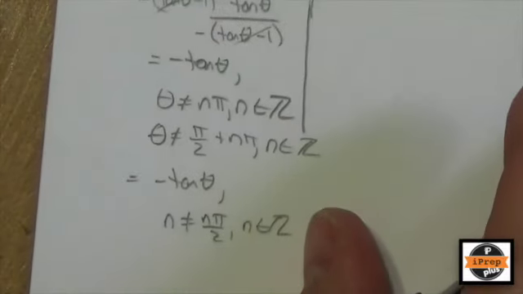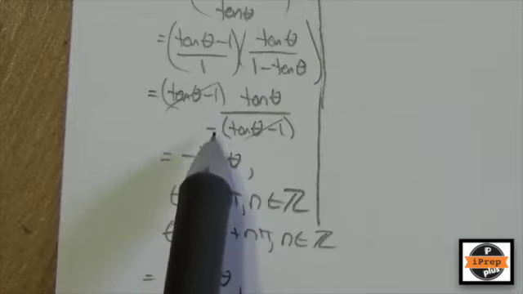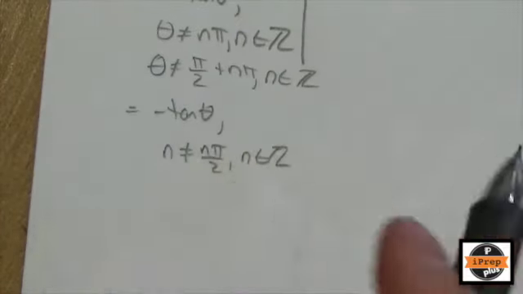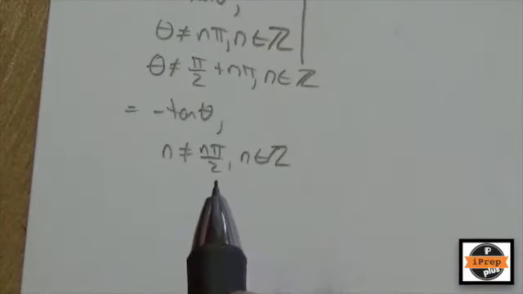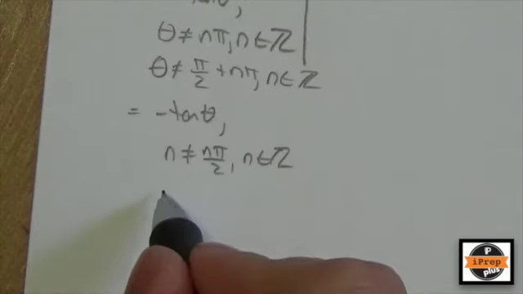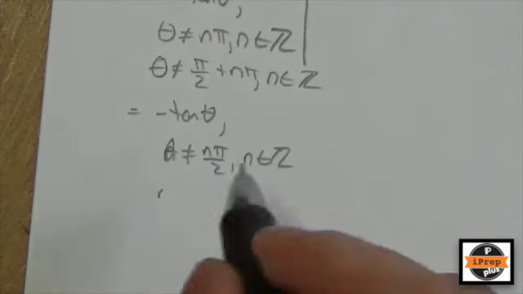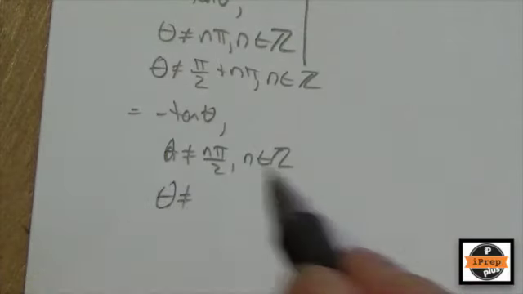However, there's one little issue here. Notice that what I did here is I canceled tangent of theta minus 1 and tangent of theta minus 1. I can only do that as long as tangent does not equal 1. Which means, oh, sorry, not n can't equal that, theta can't equal that, which means there's another restriction here.